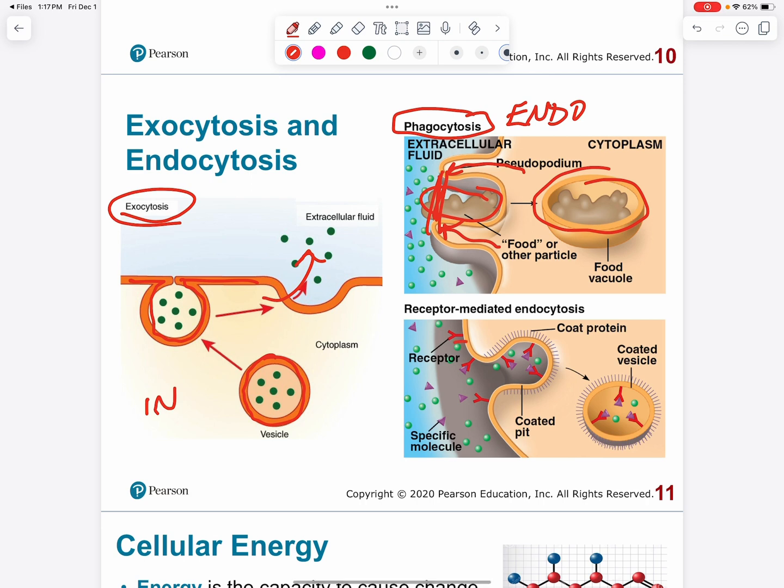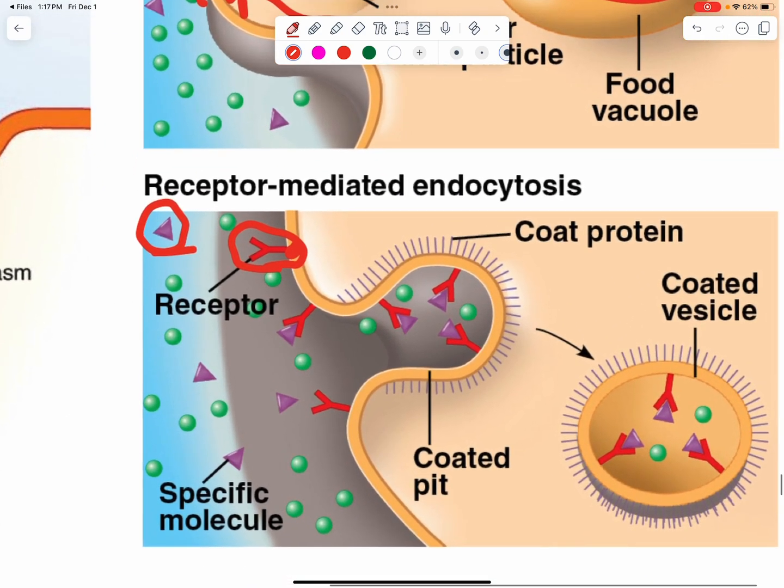Here is the receptor. This is a glycoprotein. This is a carbohydrate attached to a protein embedded. And you have to have a signal, this purple triangle right there. That may have originated in another part of the body, like the brain. So the brain says, all right, it's okay to let this guy in. So floating in the bloodstream, heading over to the cells, this guy is going to attach onto the glycoprotein and allow the membrane to change shapes and wrap up around these green dots.